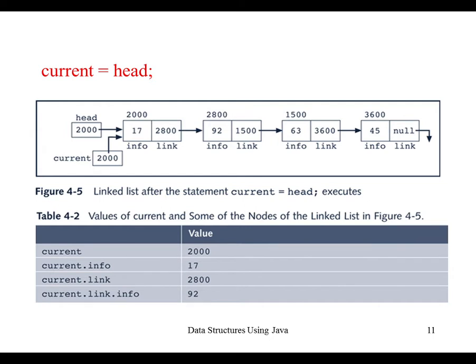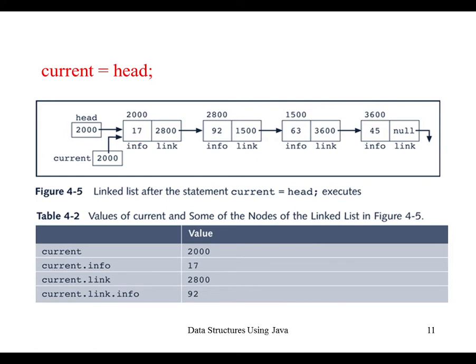Table 4-2 shows the values of current and some of the nodes of the linked list in Figure 4-5. We have current, its value is 2000. Current.info, its value is 17, because current is 2000 and the info of the node at location 2000 is 17.